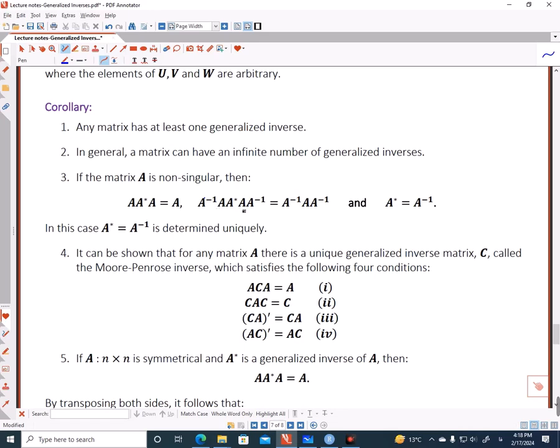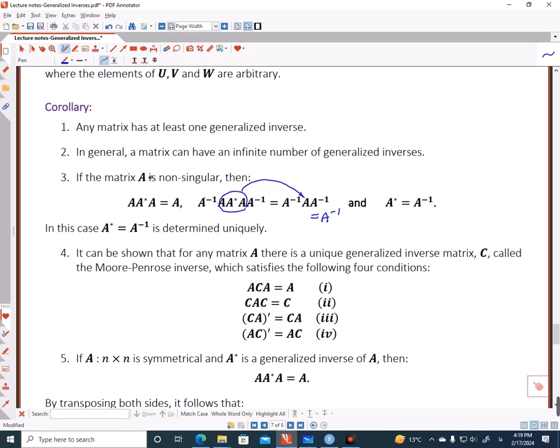So from the generalized inverse, I can write the matrix in the middle as A, and then we have A inverse A inverse. The generalized inverse of A, which is in the middle, is actually equal to A inverse, because A inverse times A is equal to identity. So we can conclude that the generalized inverse is equal to A inverse.